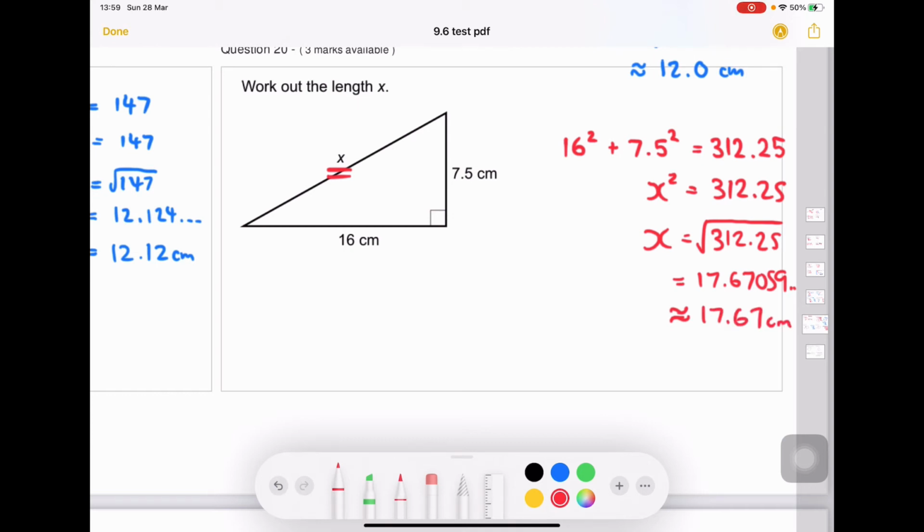In case you have not seen this symbol before, this means approximate to. So the equal sign means equal to, and this equal sign with curved lines means approximate to. So when we round, we could write this as well.